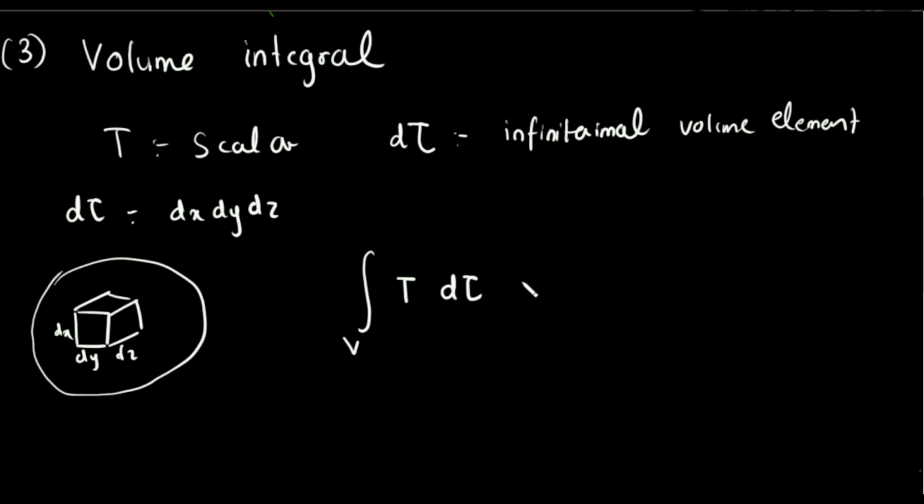D tau is the infinitesimal volume element. Let's say that the small element is d tau when you have a volume. Likewise, these form everywhere on the volume, so you have to integrate it to find the total volume integral.